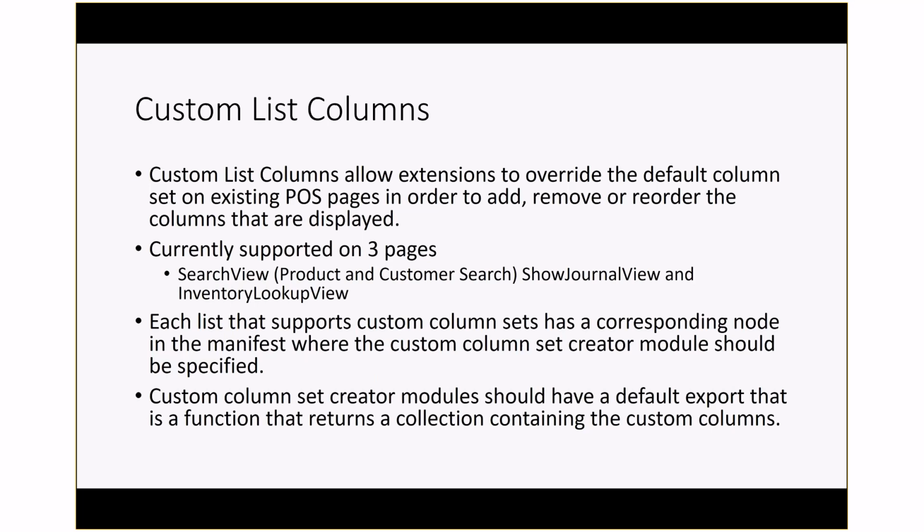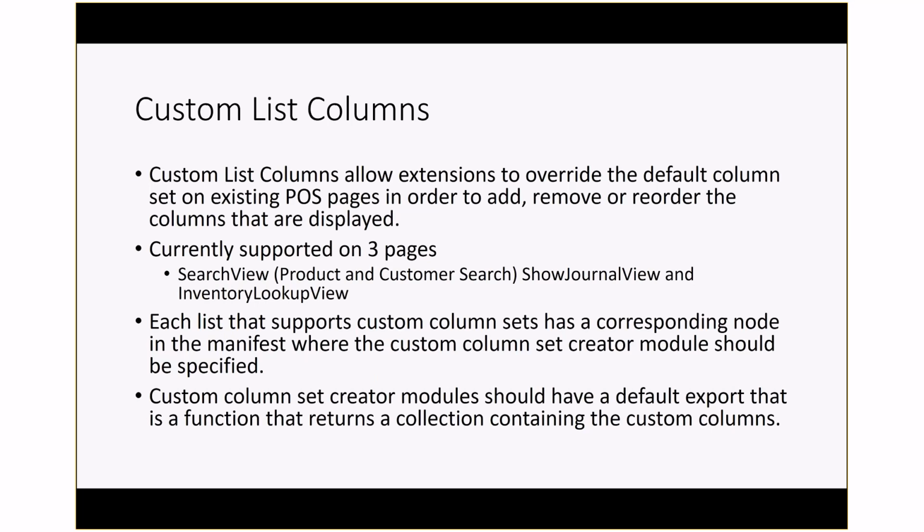This is currently supported on 3 pages. The search view, so again, both product and customer search, but again, these will be slightly different in the way that they're implemented, and they'll have different nodes in the manifest, since again they're kind of different functionalities on the same page. And then we also have inventory lookup view and show journal view supported for the custom list columns.